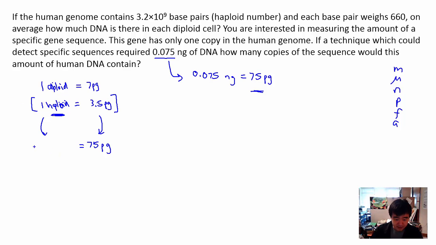And that will turn out to be 21.4. Okay, 21.4 haploid human genomes will provide enough DNA for this technique to work. Okay, so here we go. Technique to detect how many copies. The answer to how many copies is essentially 21.4 copies of the haploid sequence.